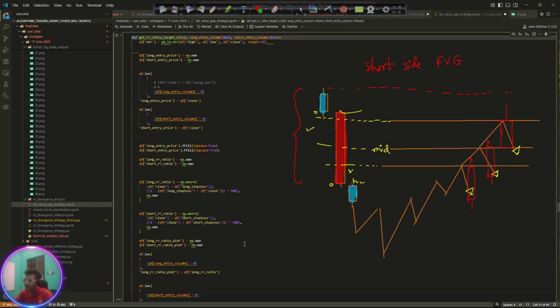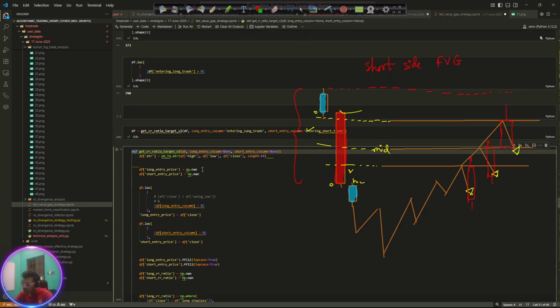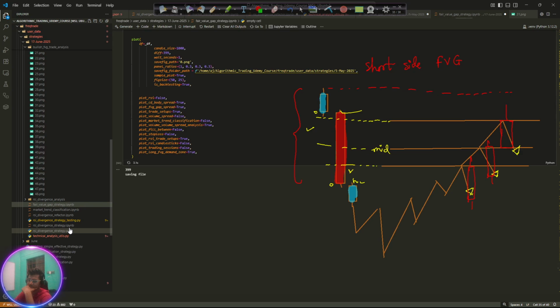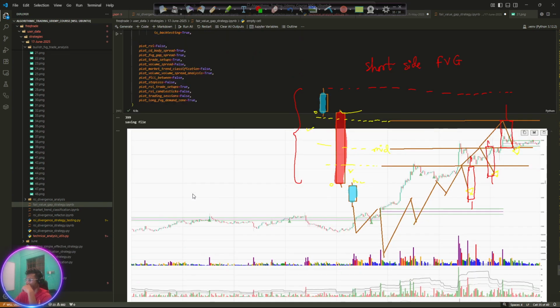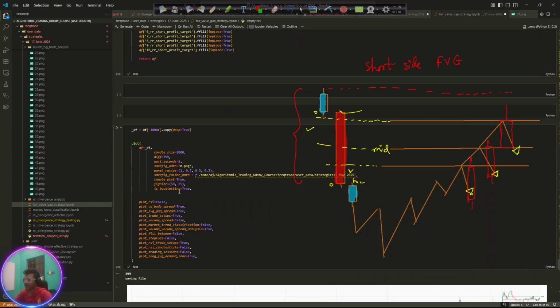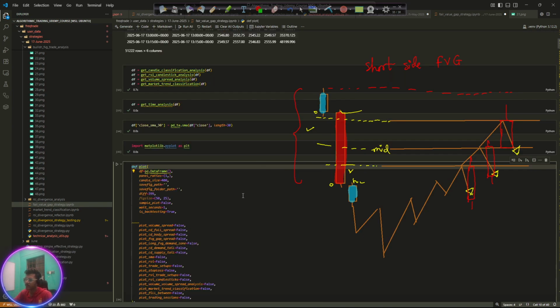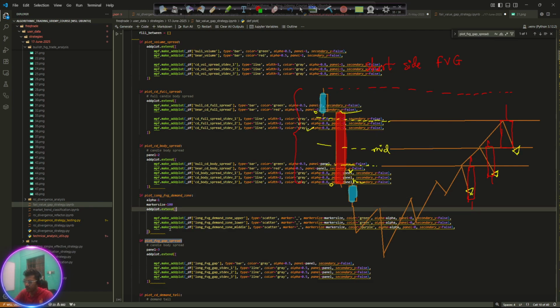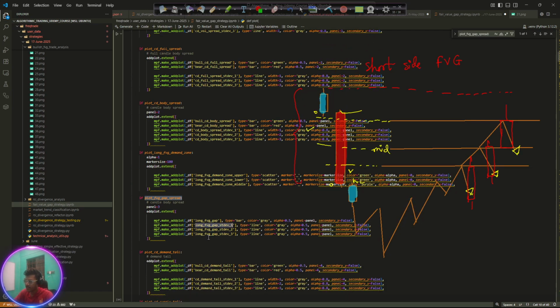Setting the stop loss here. Let me plot this one. There, long FVG demand zone, and the spread is on the bottom.